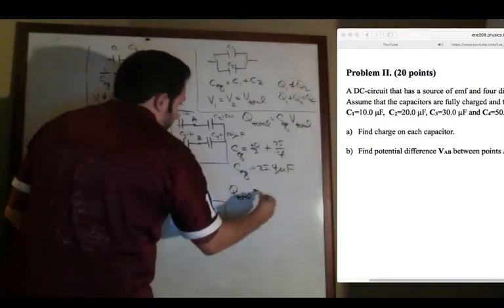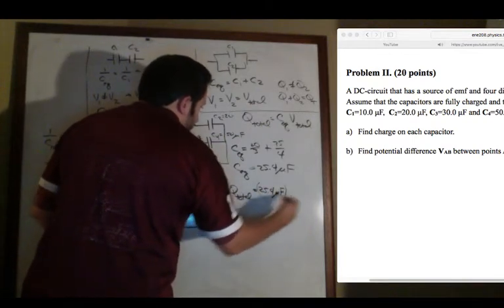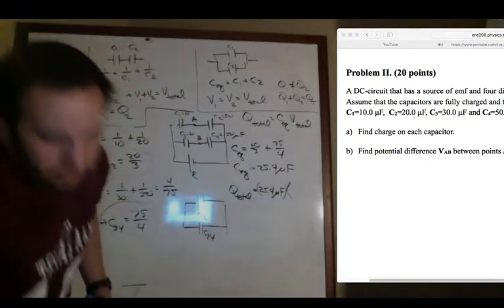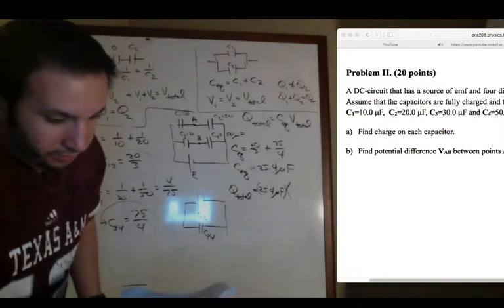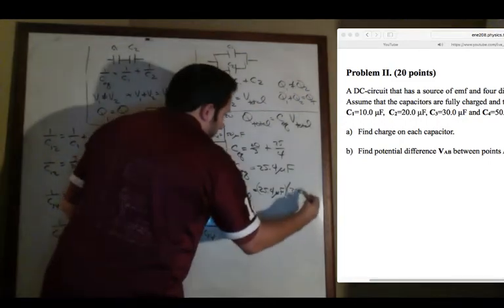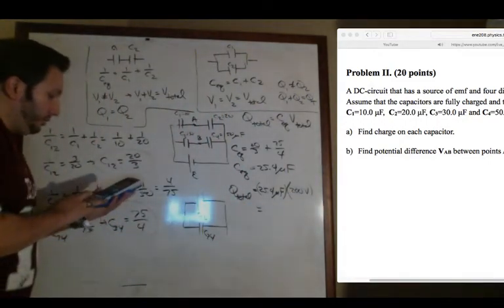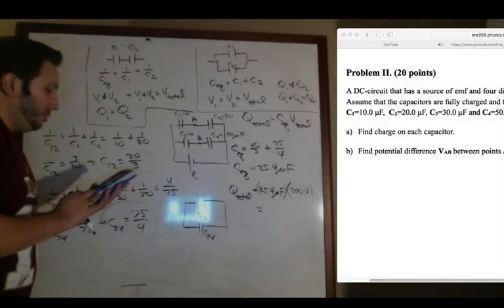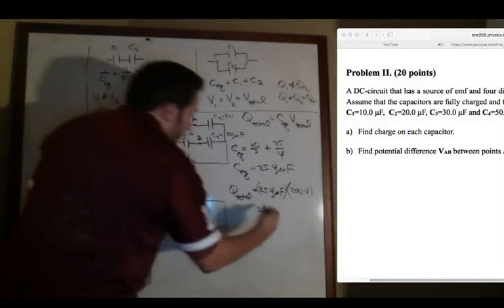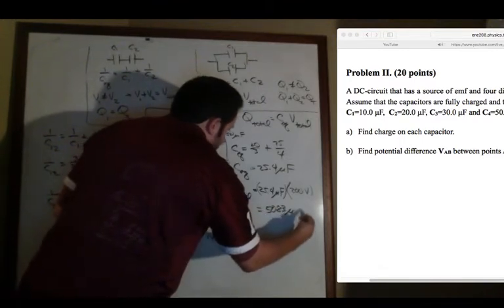But anyways, in this case, Q total is going to be 25.4 microfarads times, I believe the voltage was 200 volts, right? Voltage, right, was 200 volts. So whenever we throw this in our calculator, Q total, let's go 5083. So we'll round to 5083 microcoulombs.